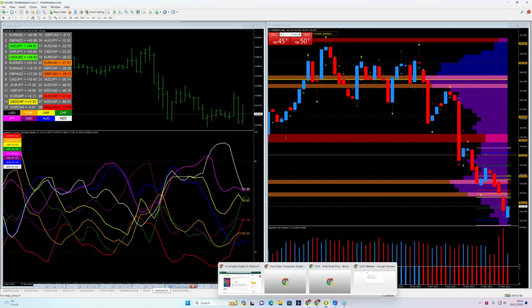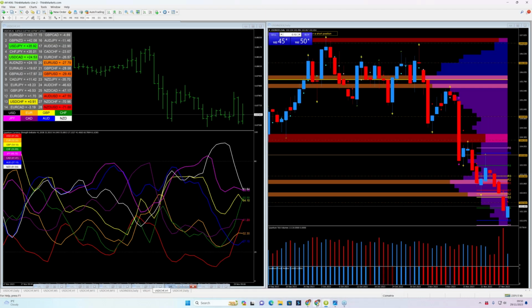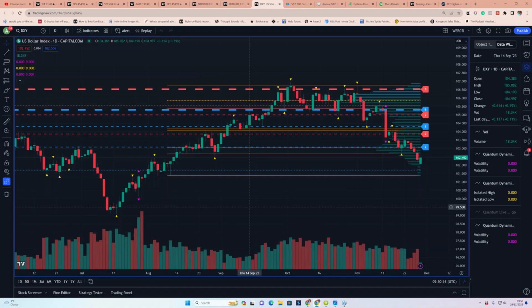If you came to last week's session, or the session before that, we looked at the Dixie, and I'm actually going to show the Dixie here on TradingView because I just prefer it. I have it on my MT4 platform, but I want to show it here.